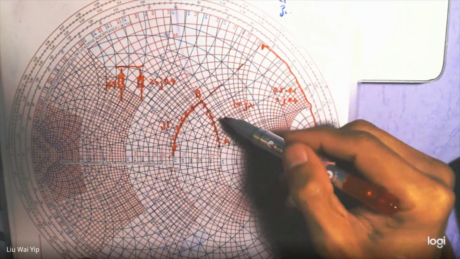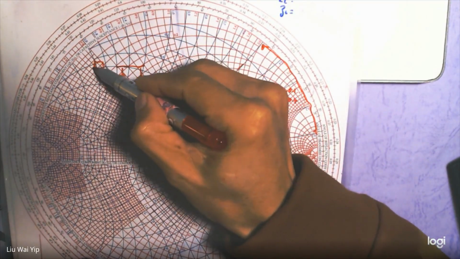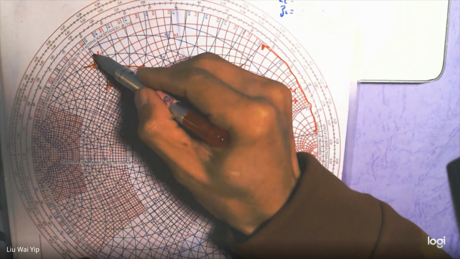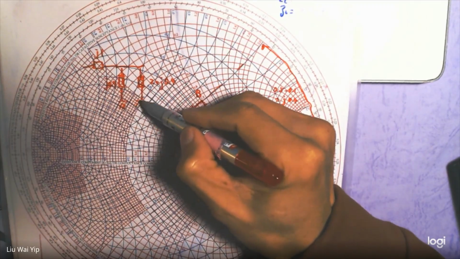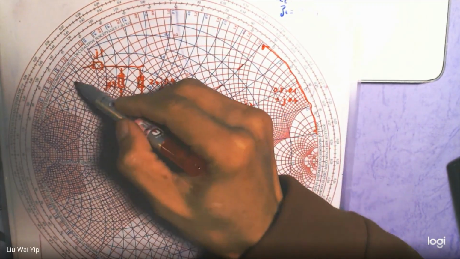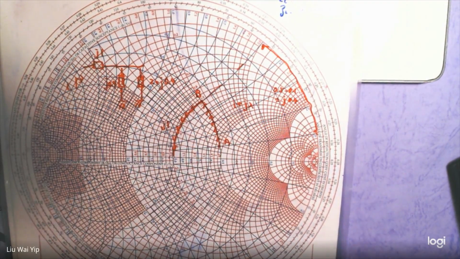And in series, you need j1. So this is your matching network. And by looking in here, then you will get 1. 1 means 50. Normalized value of 1 is equal to 50.